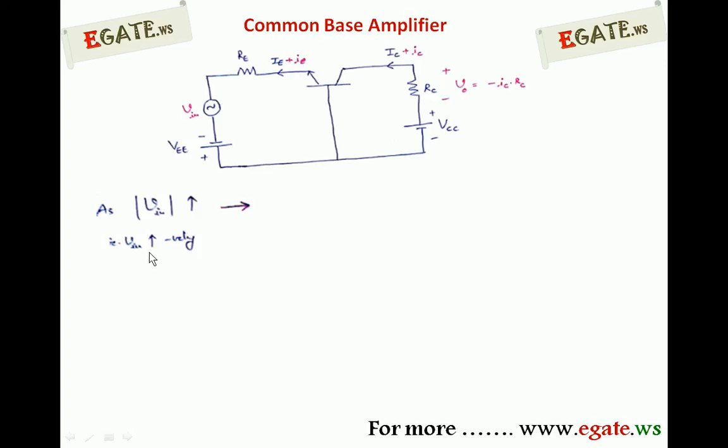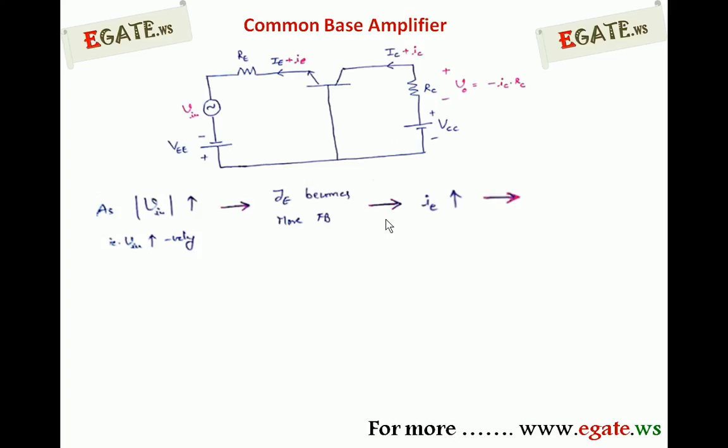So the negative value of V input is increasing, that makes the emitter base junction more forward biased, since on the n side you are applying negative voltage. The emitter is of n type because it is an NPN transistor. So on the n side you are applying more negative voltage, that is nothing but the emitter base junction being more forward biased. Because of that, IE increases.